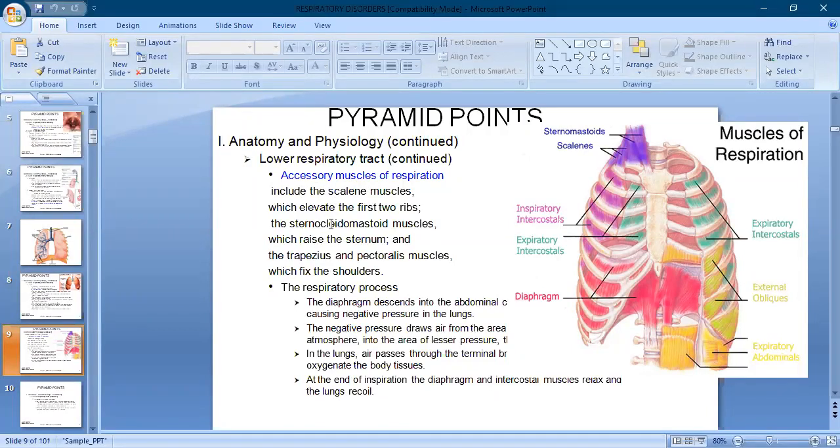In the respiratory process, the diaphragm descends into the abdomen and causes negative pressure inside the lungs.